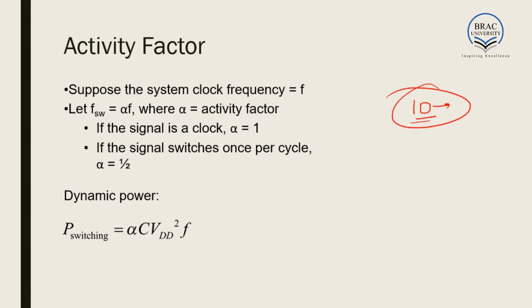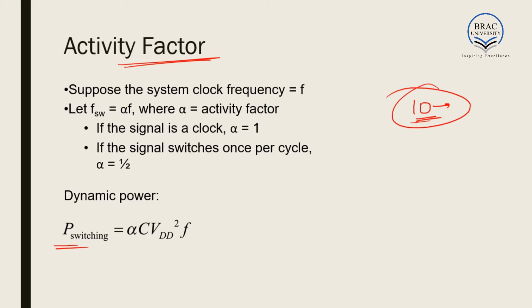Only a handful of them, maybe only 1 or 2, switch at any instant. In that case, if we consider this as the switching power, it won't be a correct measure of what the actual power is. So, in order to compensate for the number of MOSFETs that are being switched at a time, an activity factor is introduced.